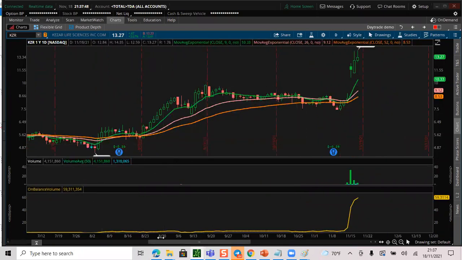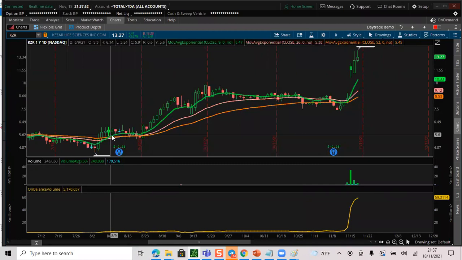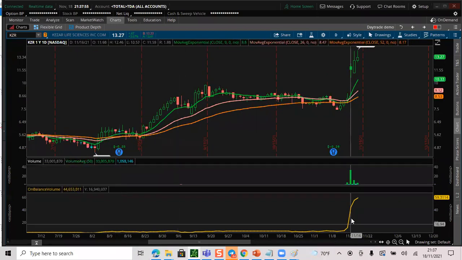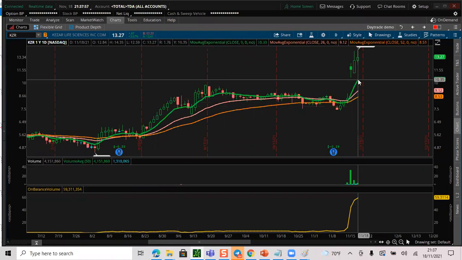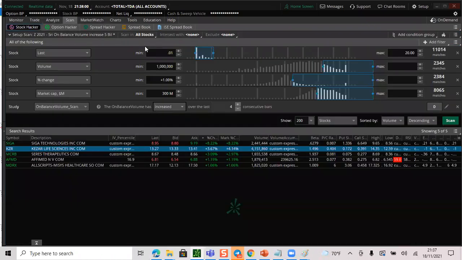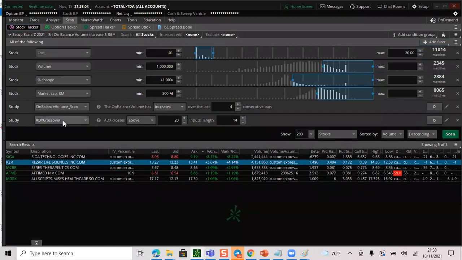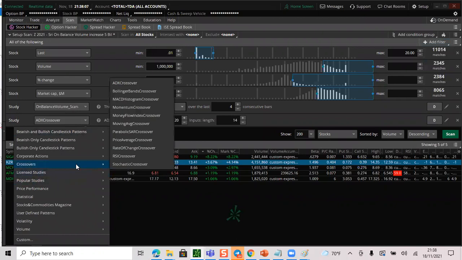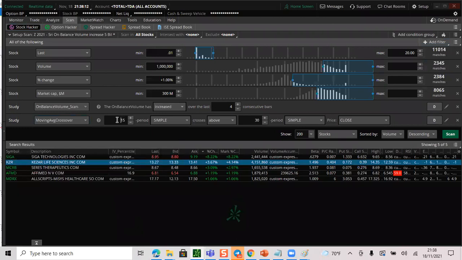So here I'm mixing a couple of things. You can also mix this: the 9 EMA going above the 26 EMA, and then the on-balance volume is also rising. So let's learn another study which is called crossovers. I'll do my exponential 9 crossing above the 26 exponential.